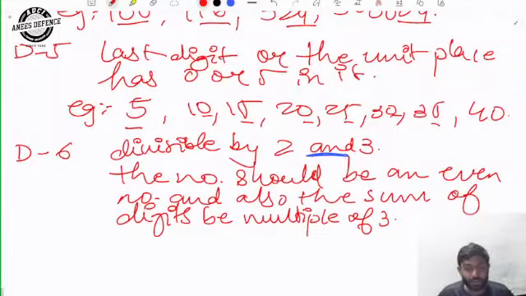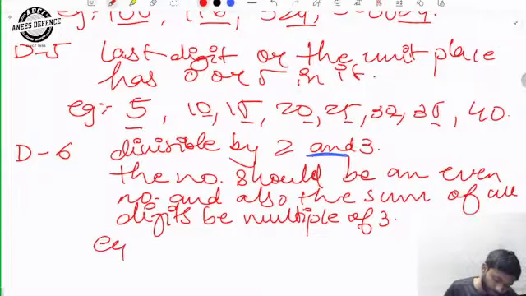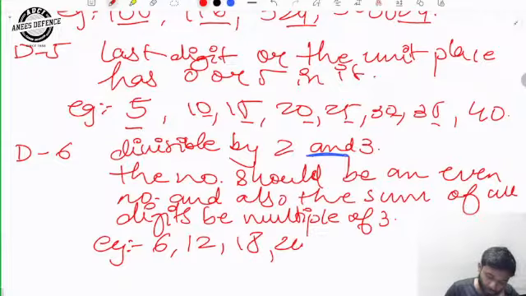The number should be an even number and also the sum of all digits should be a multiple of 3. Here, example, 6 itself. Let's go with the table only. 6, 12, 18, 24, 30.